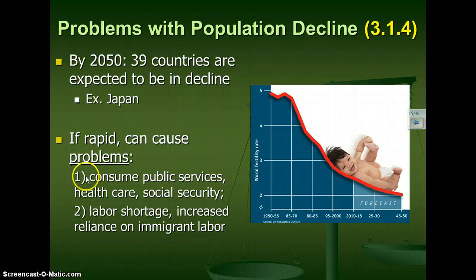We might have in that location too many older people consuming public services and healthcare and social security too fast, and there's not enough young people to support them. And because there's not enough young people, we might have labor shortages. We might start having more immigration to support the older population. And is there going to be unrest about this? This is also something that's affecting the United States.